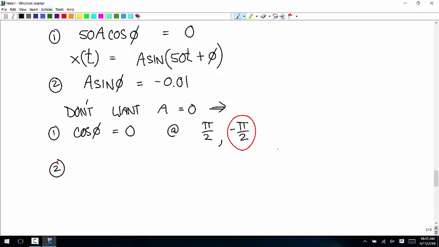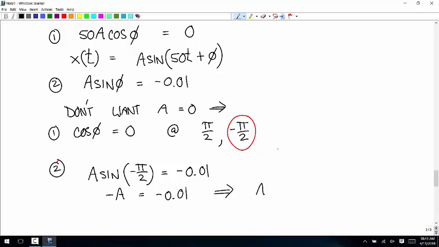Equation 2 says a times the sine of negative pi over 2 is equal to negative 0.01. So that says negative a is equal to negative 0.01.